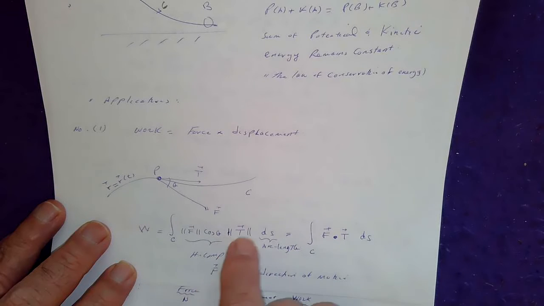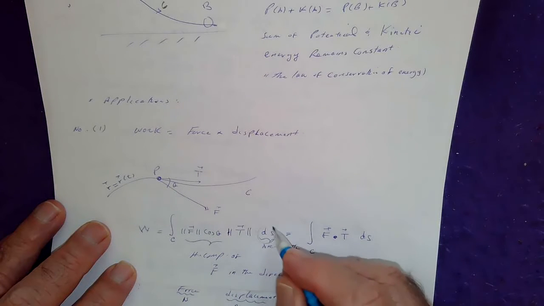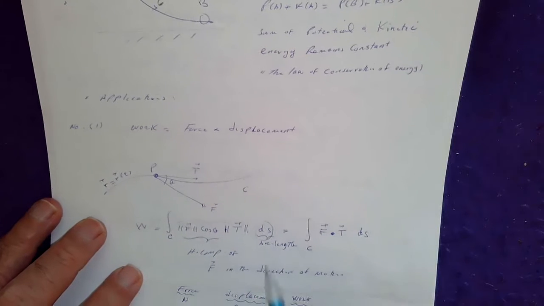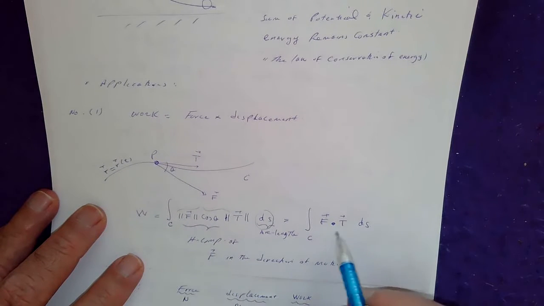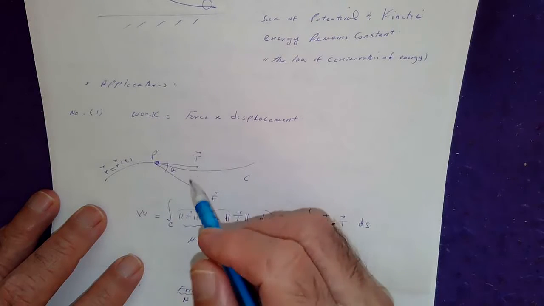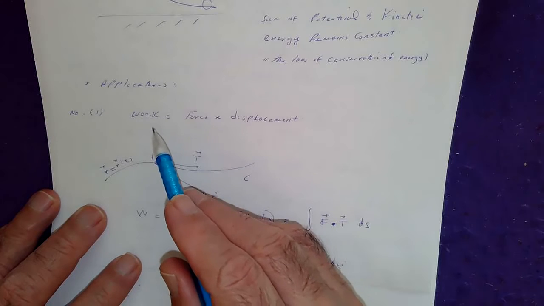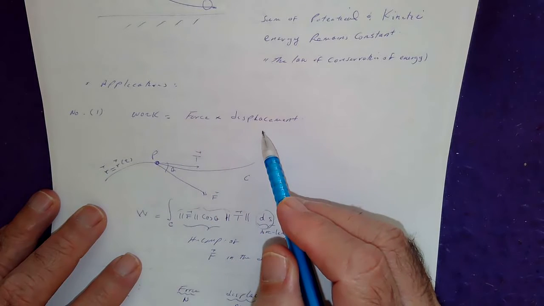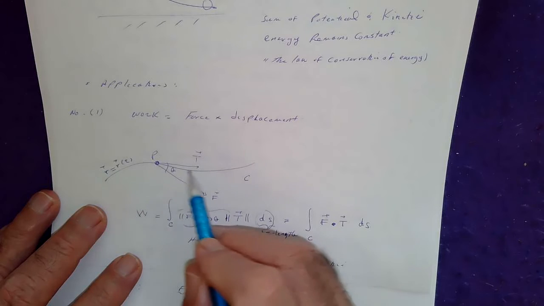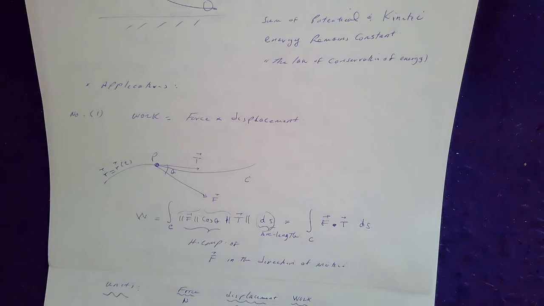So this would be like force times displacement. The displacement is the arc length. Do you see it? And this is the force. But that's exactly the same as F dot T ds. So F is in the direction of the motion. Remember, the definition of work is force times displacement, but I'm only interested in the horizontal component of the force, which is in the direction of the unit tangent.